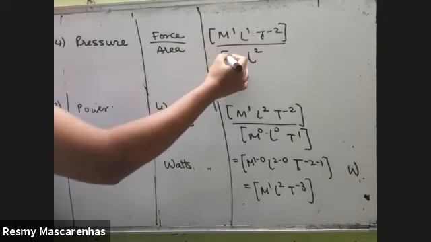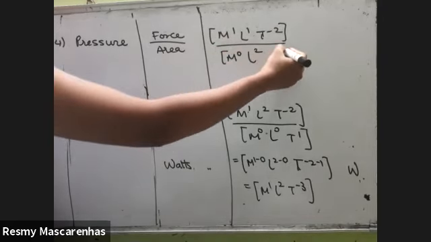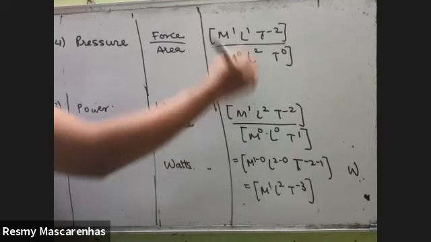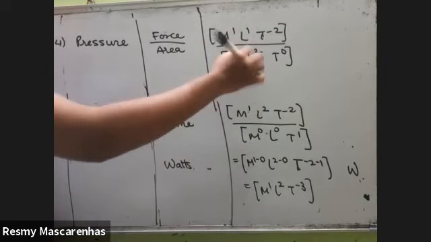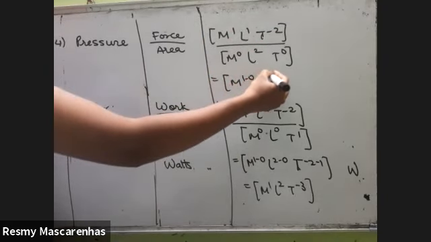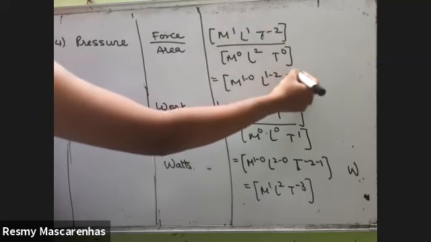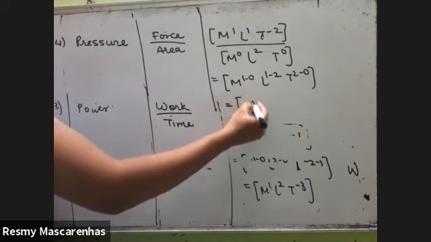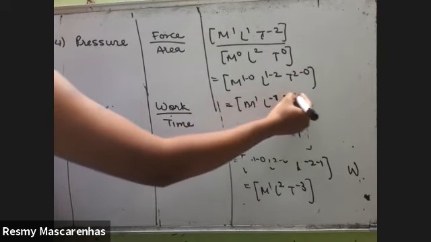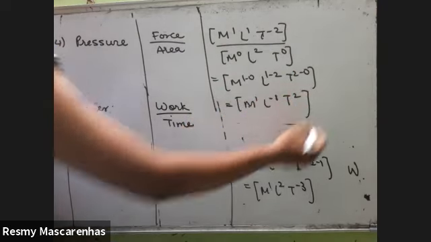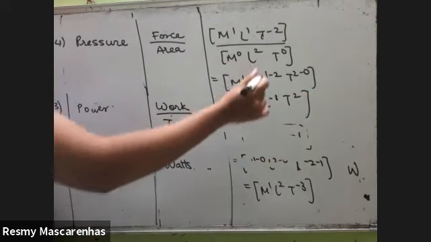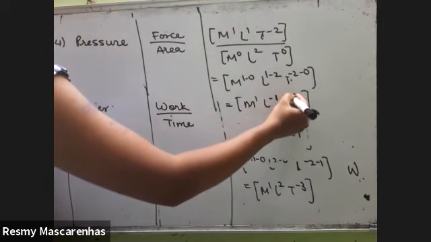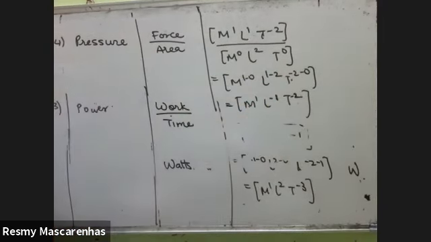So this was 2, this was 0. Now take the powers up. So 1 minus 0 will give me 1. Then this will be minus 2. And then you can get it as M1 L minus 1 and T minus 2. Minus 2 minus 0 will give you minus 2.